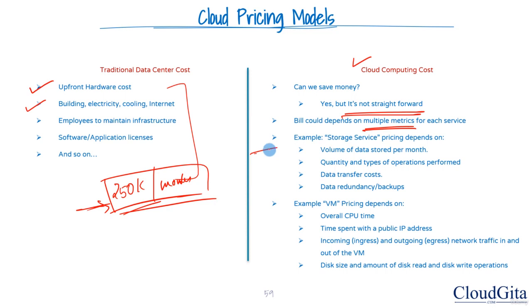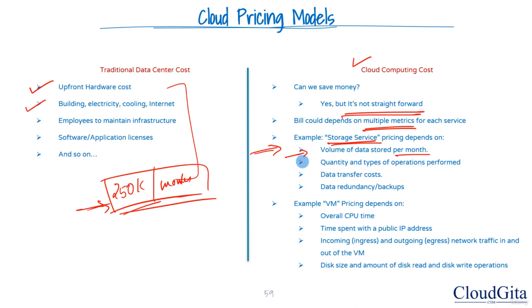So for example, let's take the example of storage service. Now forget about what a storage service is, we are going to discuss this in detail. You can just think of a storage service which can store something, for example, your images, your videos. Now the point I'm trying to convey is that if you want to calculate the cost for storage service, it's not very straightforward. You have to think about how much data you are going to store and pay per month.